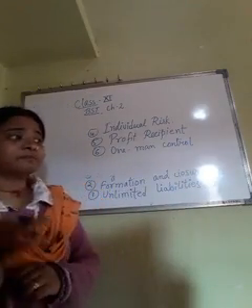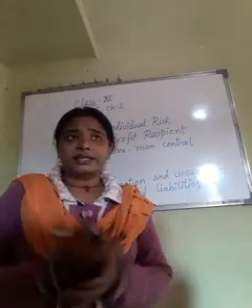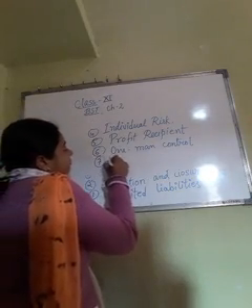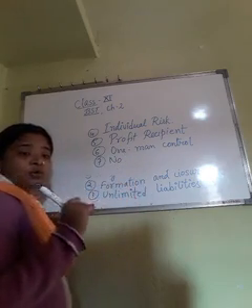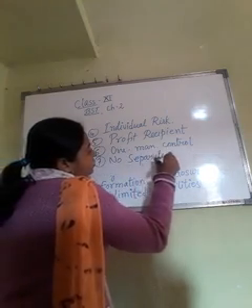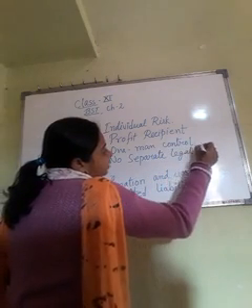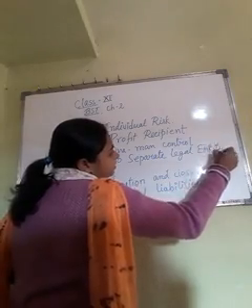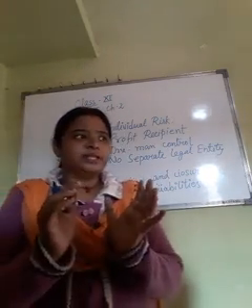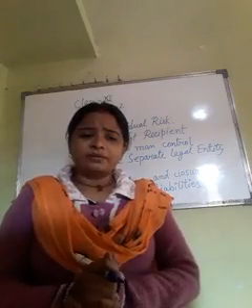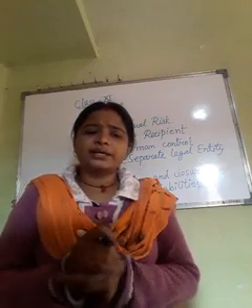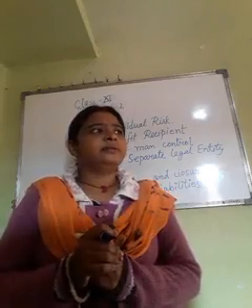Now here, no separate legal entity is the other point. This point is also very important. Here you understand this point. Here what happens? The proprietor, meaning the owner of the business, has no legal identity separate from the owner.